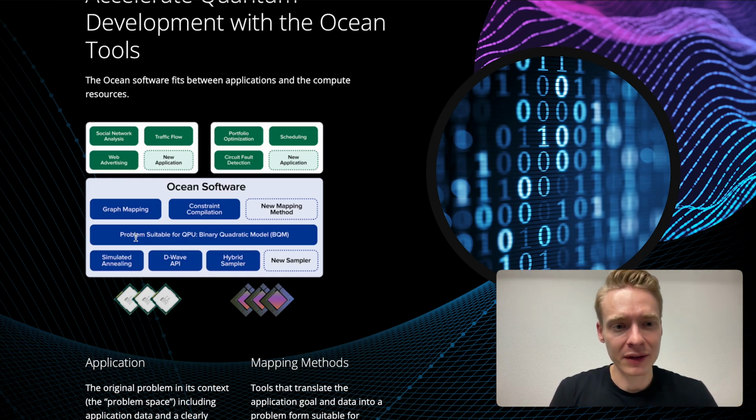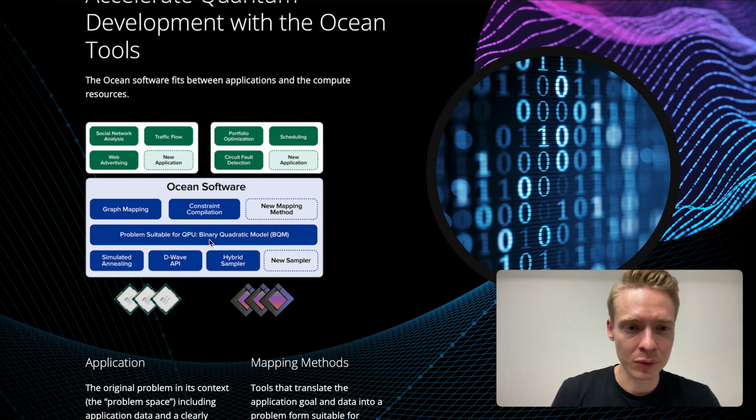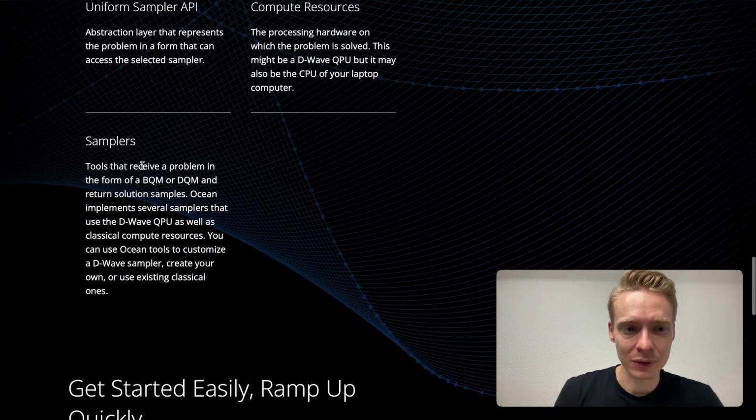Then above that, a problem suitable for QPU, binary quadratic model, BQM. On top of that, the graph mapping, constraint compilation, and the new mapping methods which are possible. And then you see the different applications, I guess, like portfolio optimization, circuit fault detection, scheduling, traffic flow, social network analysis, web advertising, and so on.